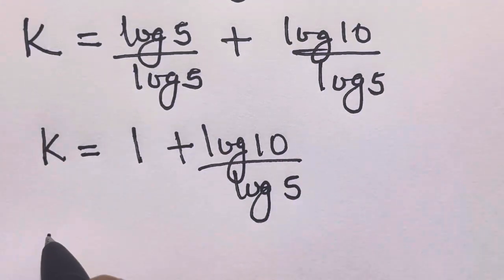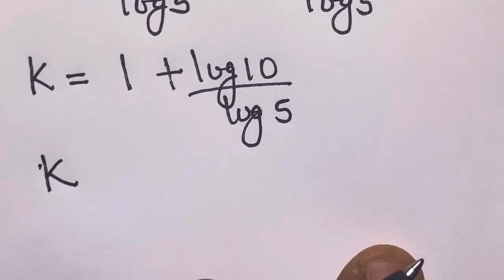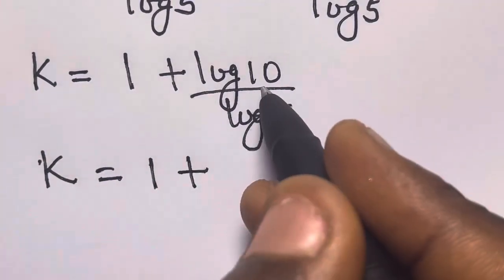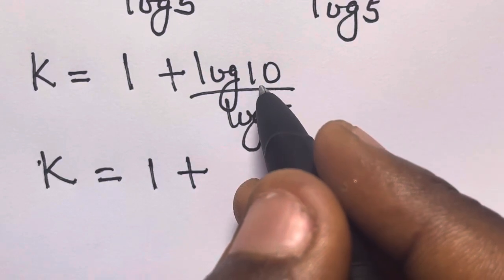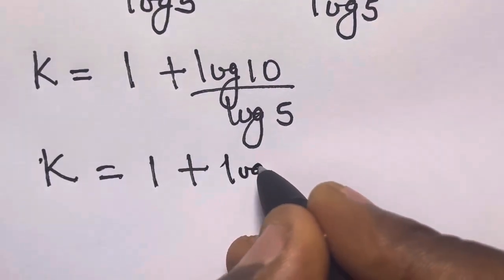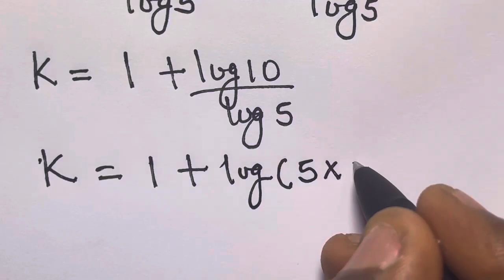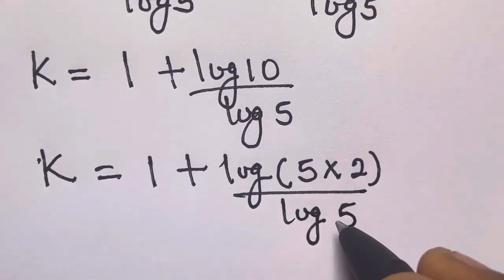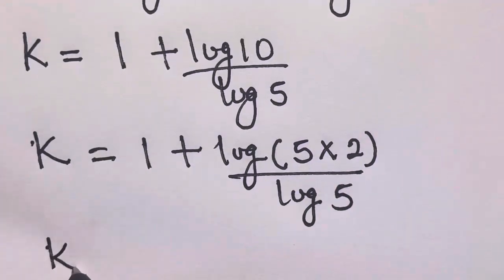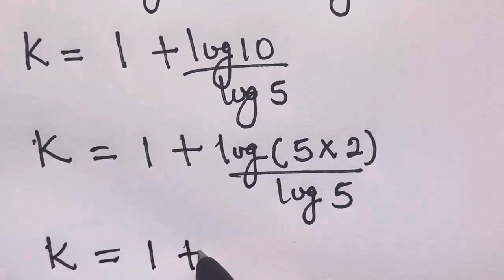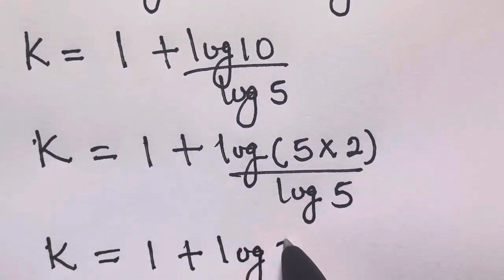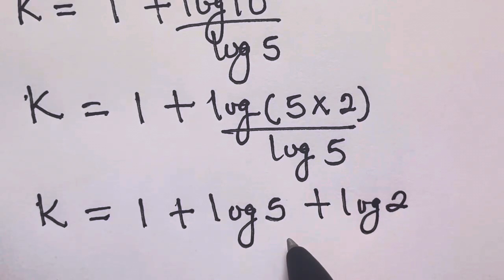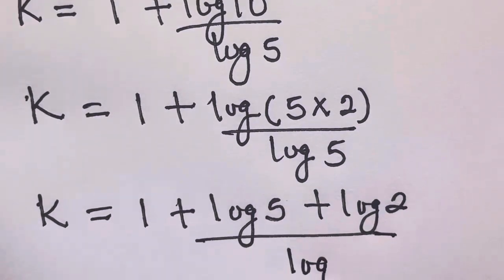So we have k equals 1 plus, again we can break this 10 into product of 5 and 2. So we have log 5 times 2 divided by log 5. So again we will have k equals 1 plus log 5 plus log 2 divided by log 5.